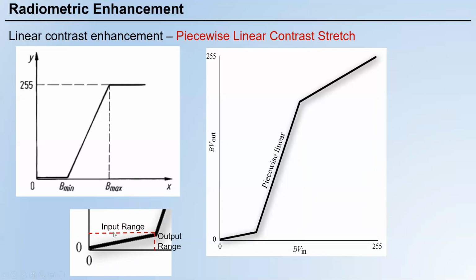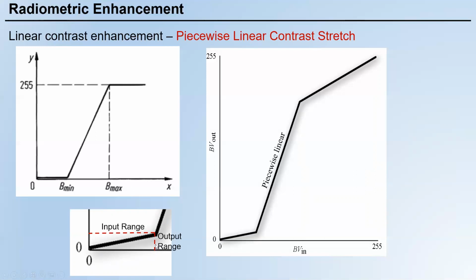What does it mean? It means that these pixels used to be distributed within this wide range, but after this so-called enhancement, they're actually having more similar values because their pixel values are distributed within this narrower output range.